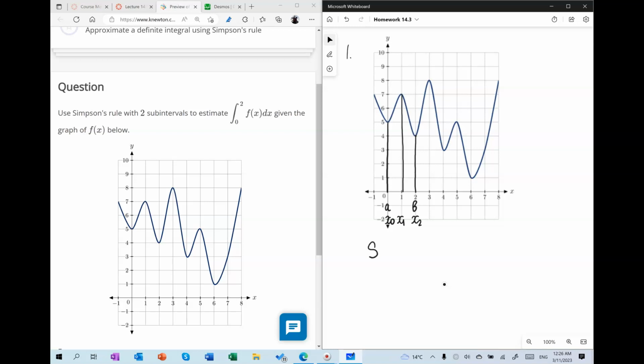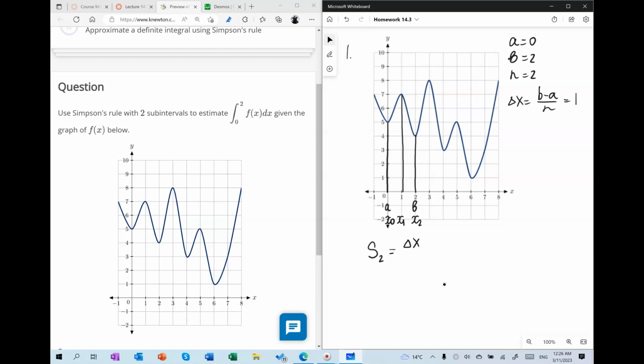So in this case, S2 will be equal to delta x, which we still need to find. A is 0, B is 2, and I also forgot n. N is 2, so delta x will be b minus a over n. In this case, it will be just 1.